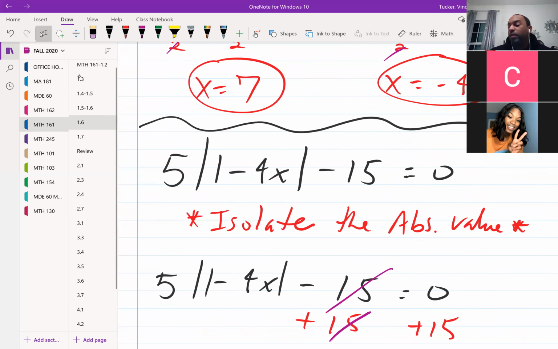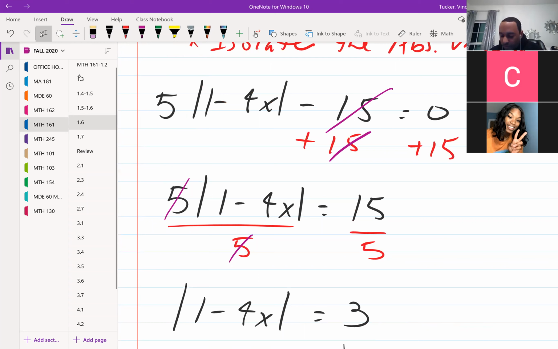So we'll add 15 to both sides. Then we'll divide by 5. And we're looking at the absolute value of 1 minus 4x equal to 3.